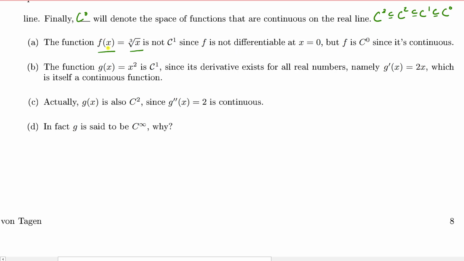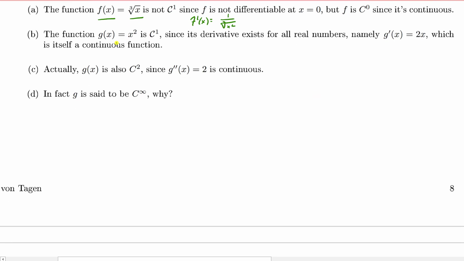So f of x equals the cube root of x is not C1, even though it is C0, meaning its derivative does not exist at x equals 0. f prime of x is equal to 1 over the cube root of x squared, and this is undefined at x equals 0. So we're not continuously differentiable on the real line, even though we are a continuous function.